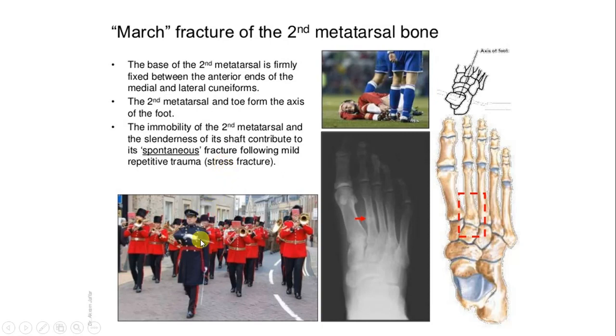So, due to repetitive trauma to this bone and joint, there is spontaneous fracture of the second metatarsal bone. That's why it is named March fracture, when you are walking for a long distance.